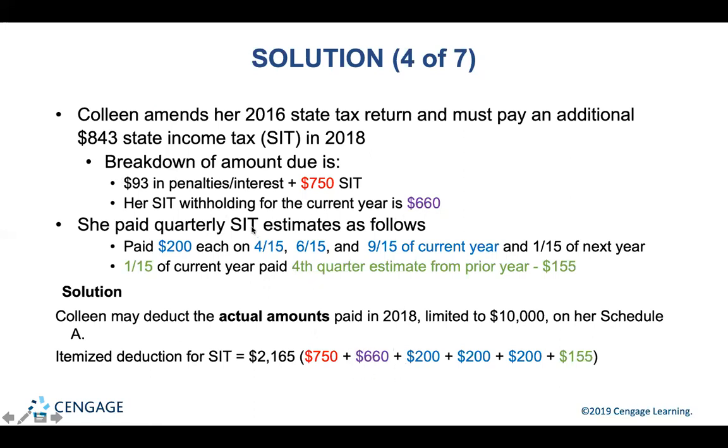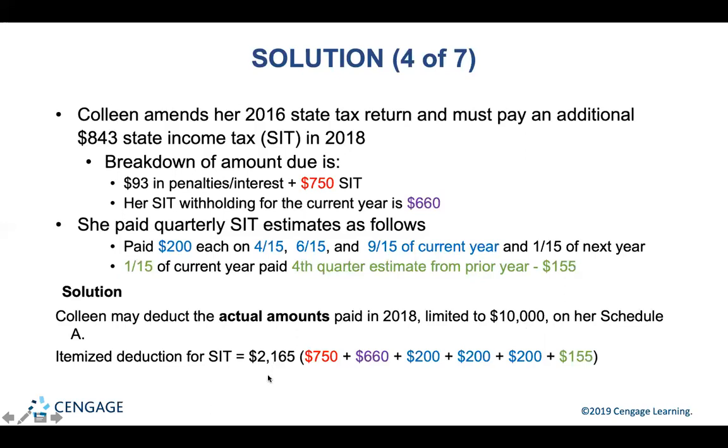Her quarterly estimates, $200 on April, June, and September 15th, would be deductible in 2018. The one she makes in January the next year would not be. The $155 that she paid in the current year for the prior year estimate is included. So she's deducting the actual amounts she paid in 2018, limited to $10,000.